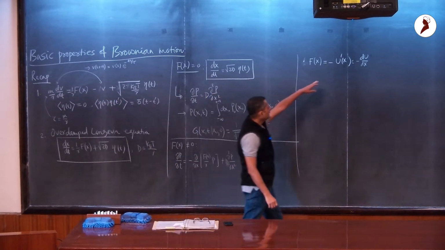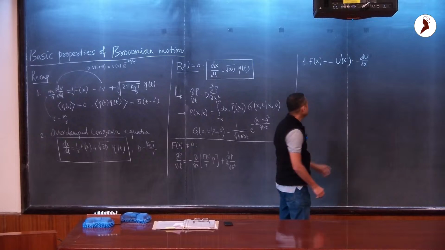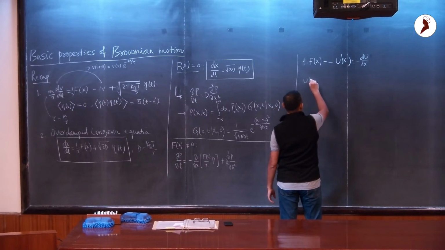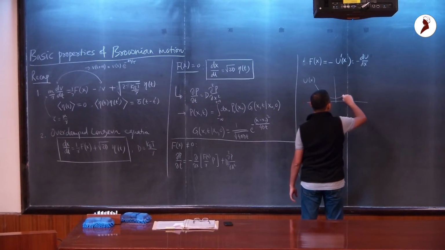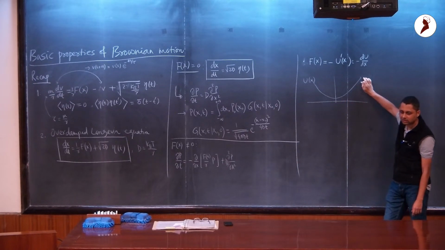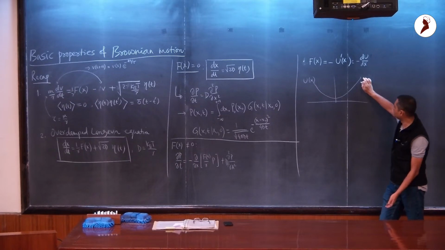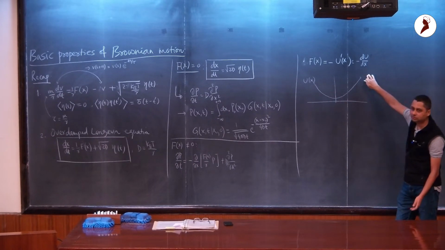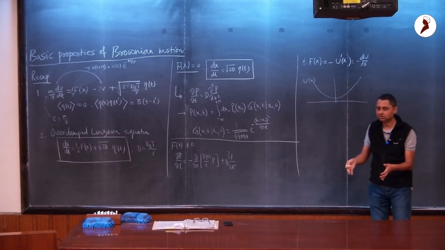And let's assume that u is a confining potential. Confining potential means that u of x goes to infinity as x goes to infinity, in a certain way, such that it confines the particle within the potential.